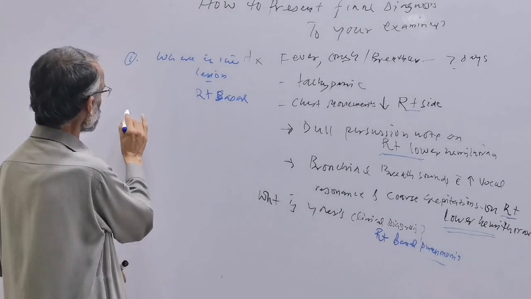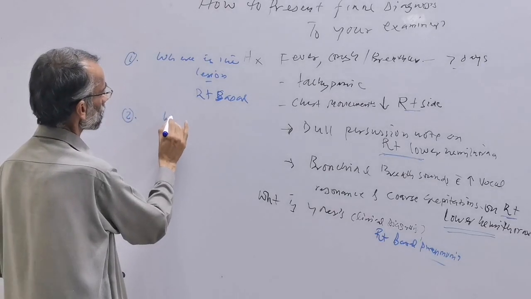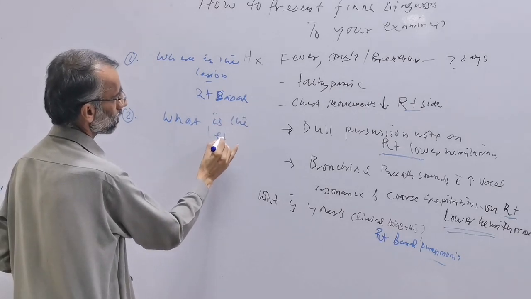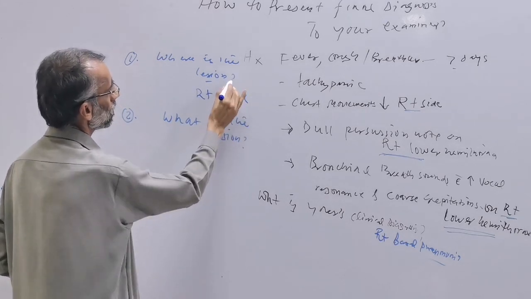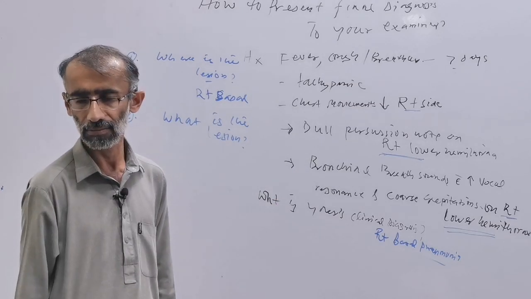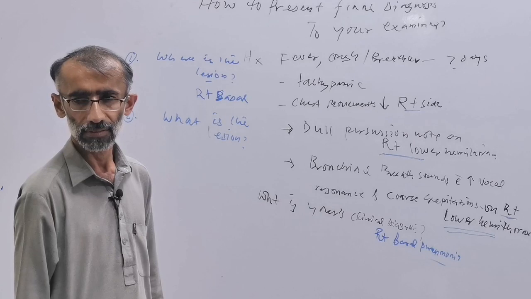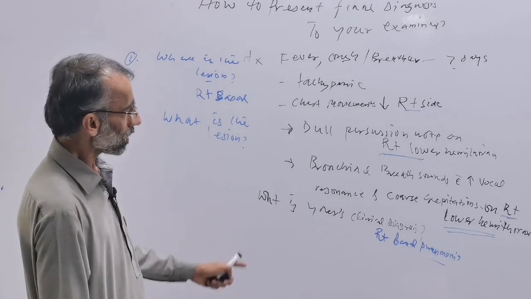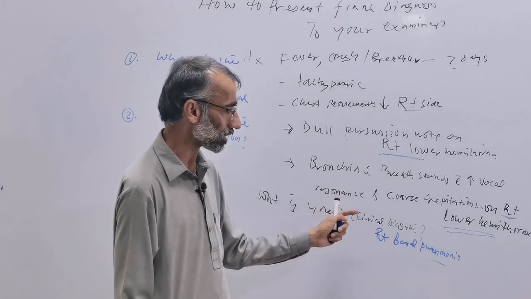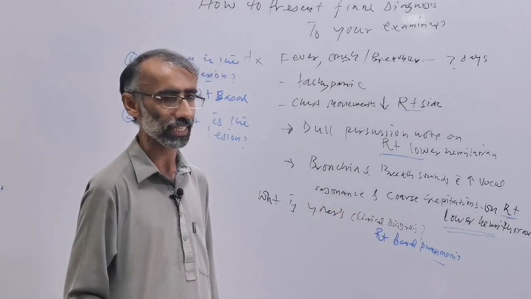And the second component, what is the lesion? What is the lesion clinically? There is dull percussion note, there is bronchial breathing with increased vocal resonance and coarse crepitation.